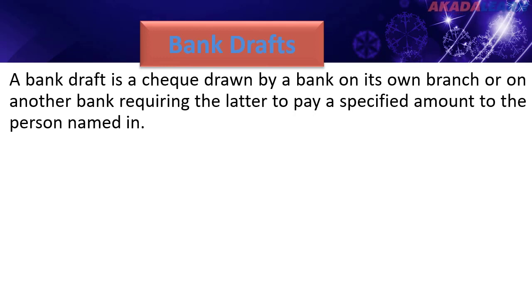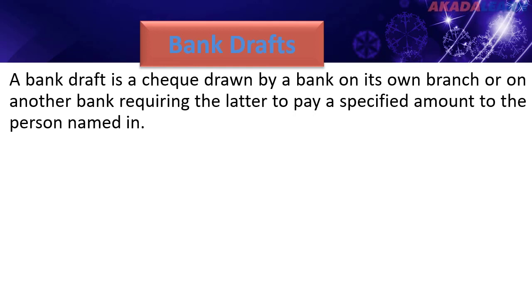Bank drafts can also be known as banker's draft. It is a type of financial instrument used similarly to a check to make payment or transfer money, but it is drawn on funds already taken from the payer's account and held by the bank. So it is seen as more certain of being honored than a personal check.